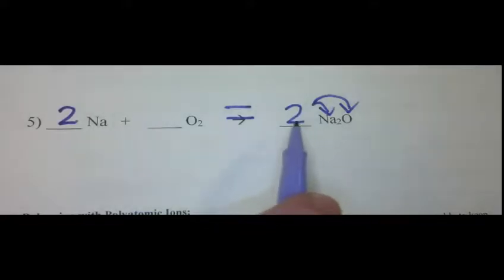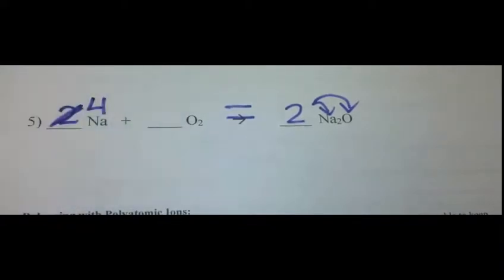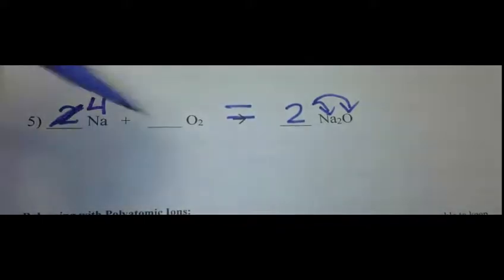So I need to update this coefficient because now on the right side, I now have 4 sodiums. That's okay if that happens. All you have to do is cross it off and write a 4 in there, or whatever your coefficient may be. Remember I said there are different methods for getting to your end product, and depending on where you start, it might make that necessary.